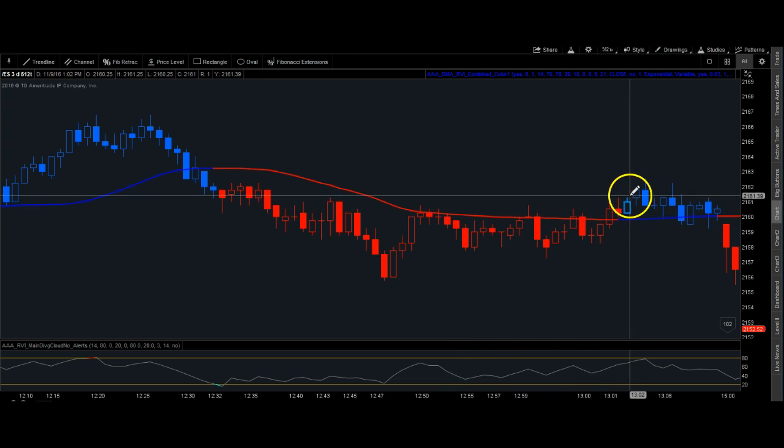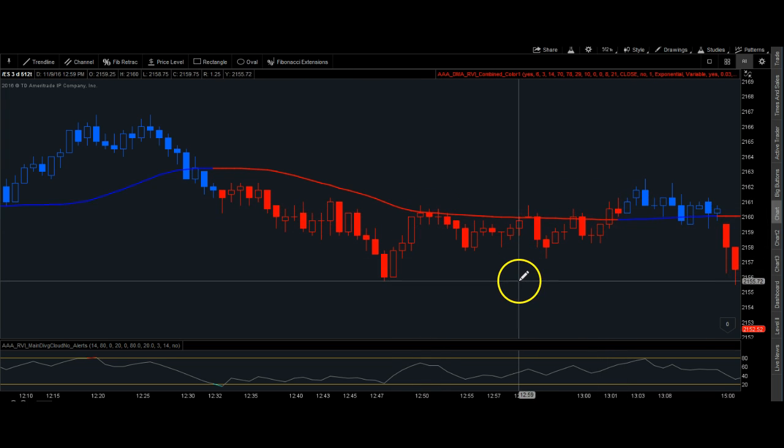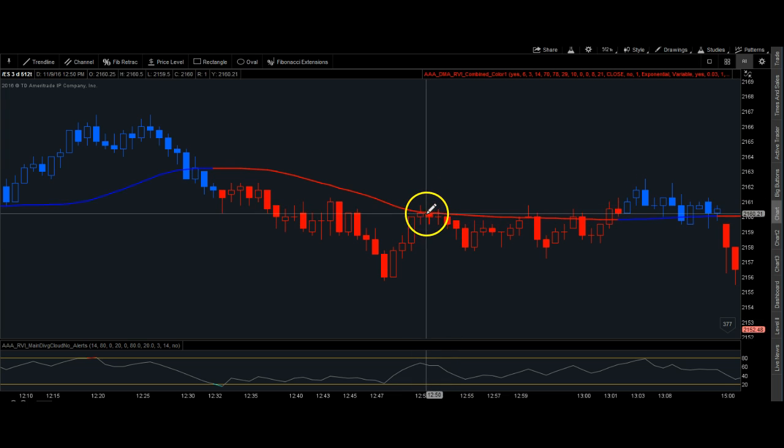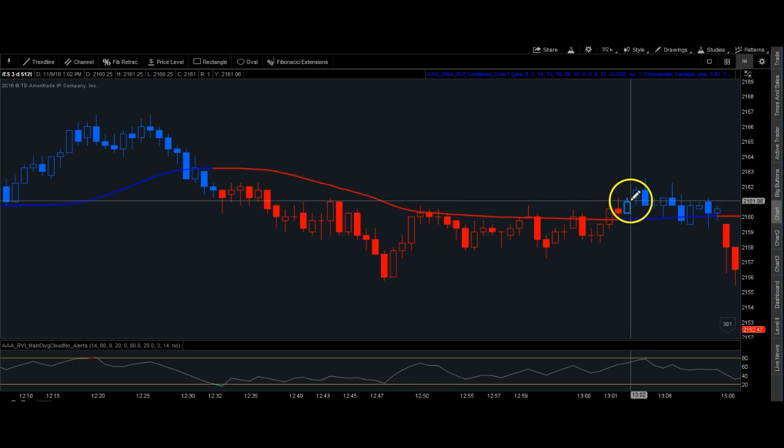Then your exit on the trade, let's say you were looking for 4 or 5 points, okay? Your exit on the trade is when the candle turns blue, if that makes sense, right? So what happens is once the candle turns blue, but it has to close blue.